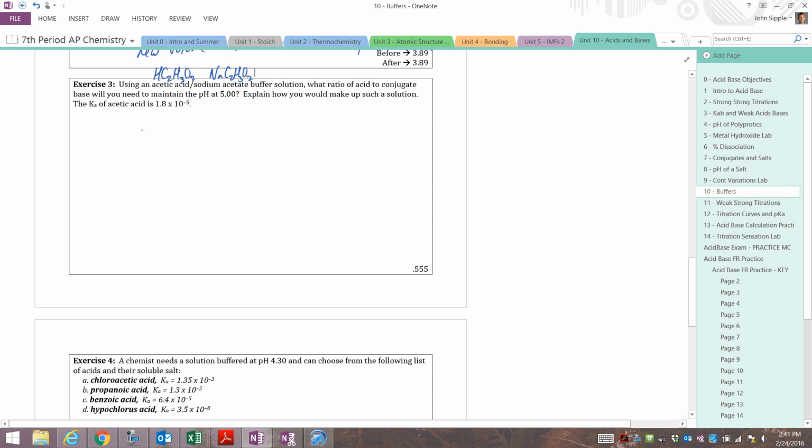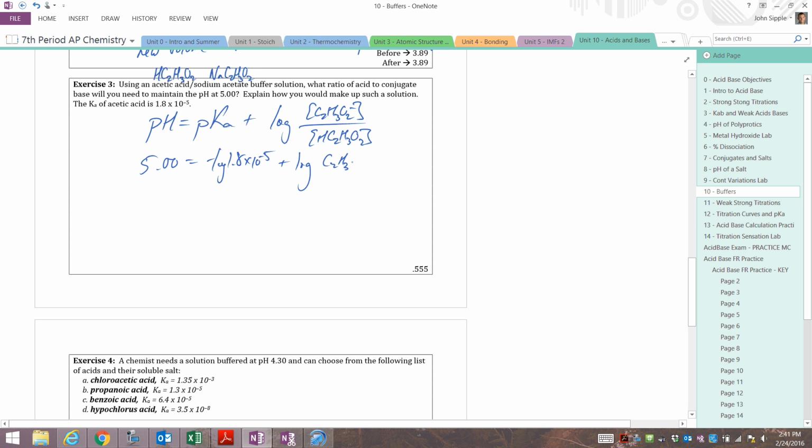So we're going to use our Henderson-Hasselbalch equation to figure out what the ratio needs to be. Because we can plug that in and look at the ratio of C2H3O2 minus to acetic acid. So 5 is equal to minus the log of 1.8 times 10 to the minus 5, plus the log of our acetate ion to acetic acid.